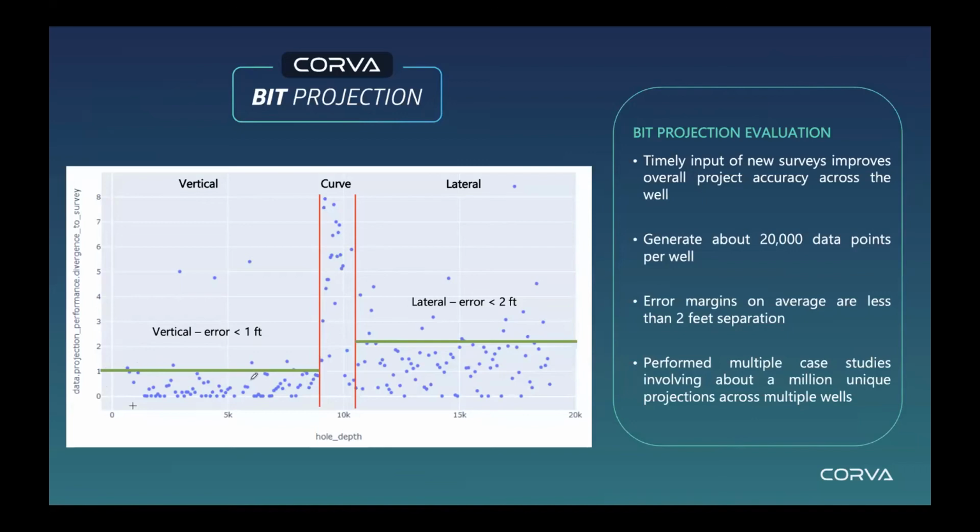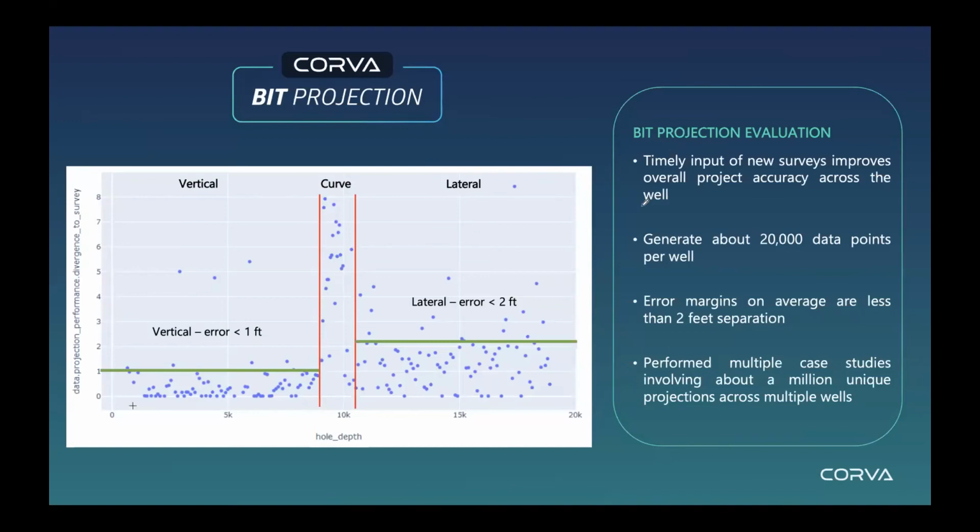But on average, I'd say they're less than a foot of error margin in the vertical. Same in the lateral here, it's less than 2 feet. And then you can see in the curve, there's a little bit more error, but this is one of the highest build and turn sections of the well, which it's not uncommon to see that error.